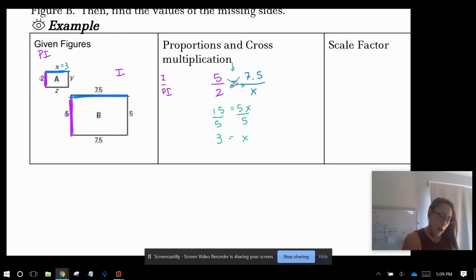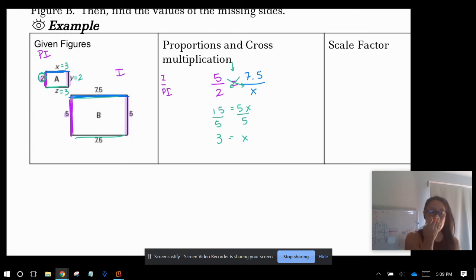I notice that the 5 is the same as the other 5, so the height, the y value, is also going to be 2, since the two sides are congruent. The top and the bottom of my rectangle are congruent, so on the smaller rectangle, the top and the bottom should also be congruent. So z is going to equal 3.